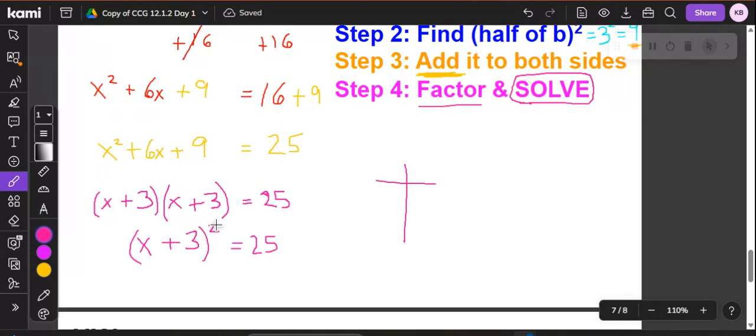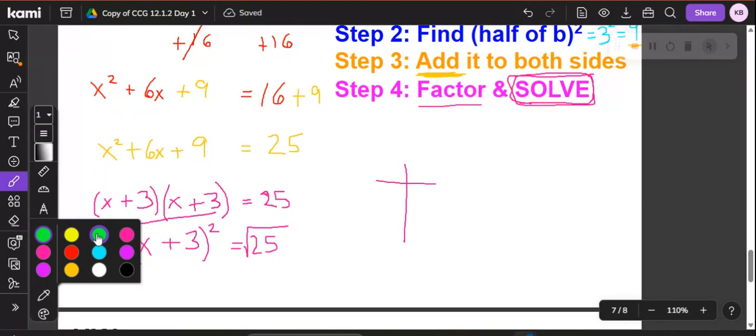This is just x plus 3 squared because it's always going to be a binomial times itself. When we go through and solve it now, remember, because it's not equal to 0, we're going to take the square root of both sides, and we end up with x plus 3, right? The square root and the square cancel out, and we should know the square root of 25 is 5.